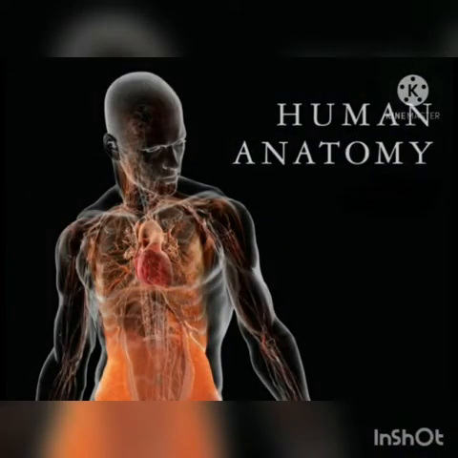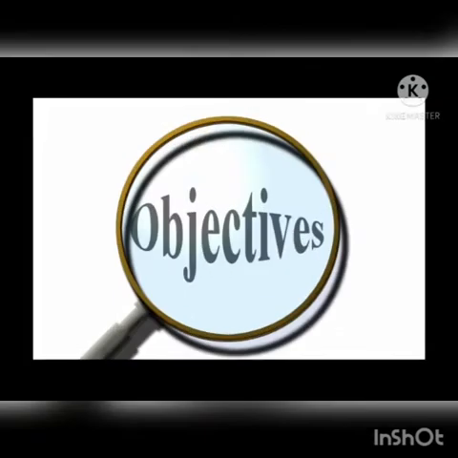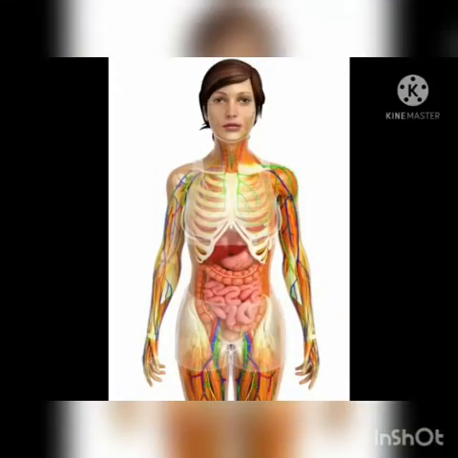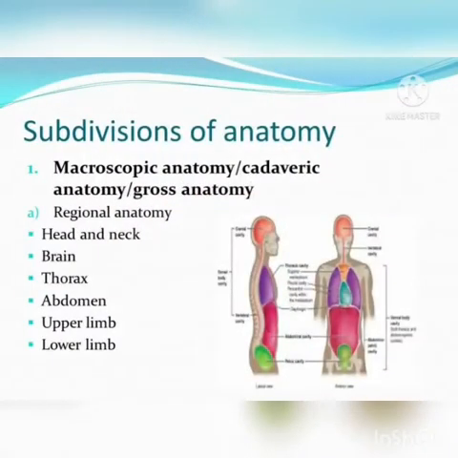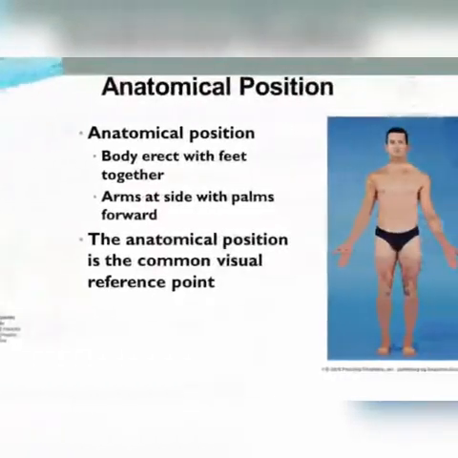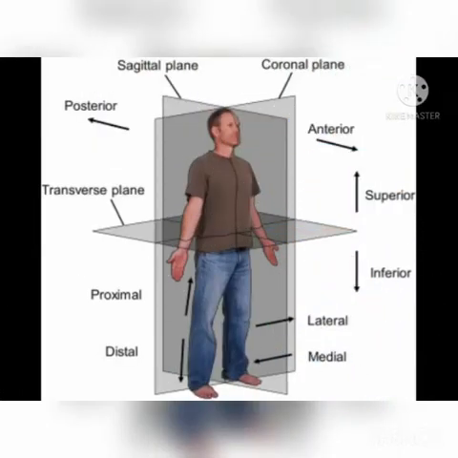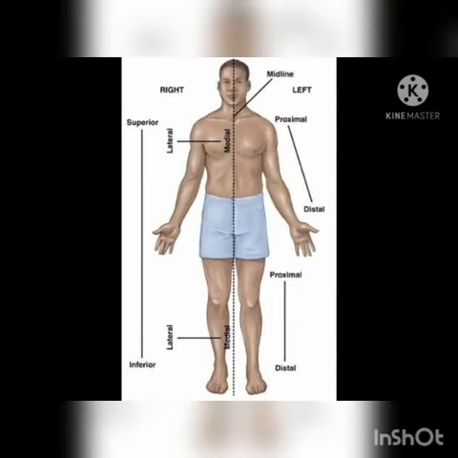In this lecture, first of all, I would like to clearly define the objectives so that at the end of the lecture you should be able to understand the definition of anatomy, followed by the various subdivisions of anatomy, normal anatomical position, various planes of the body, terms of relations, and various movements of the body.